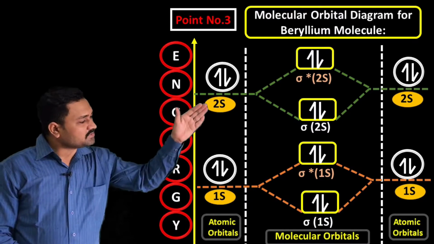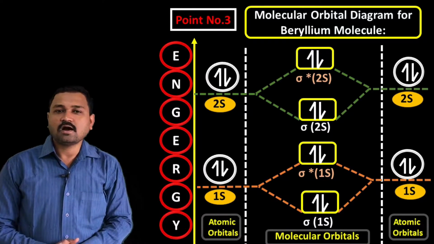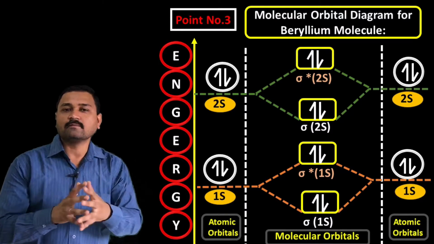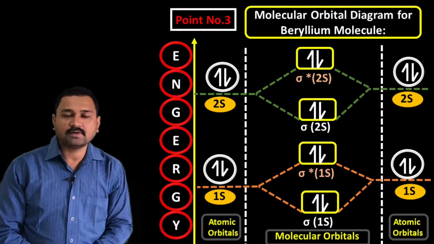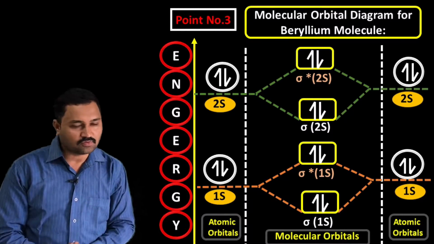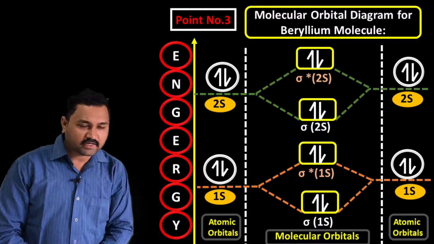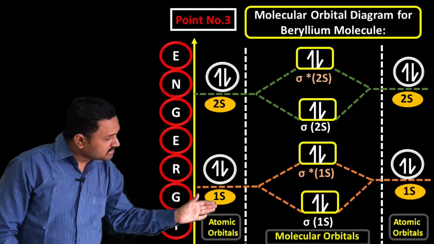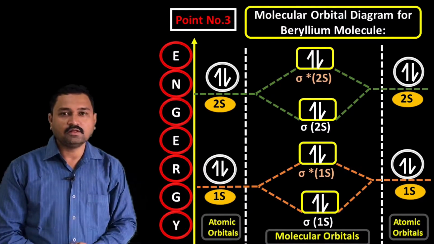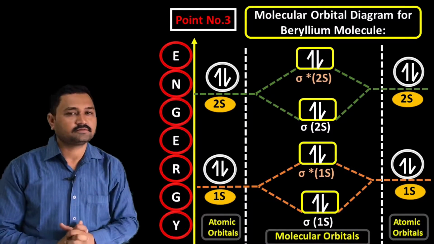So we have distributed the 8 electrons. I have shown this in animated form by following all 3 important principles, the Aufbau principle, Pauli's exclusion principle and Hund's rule. As a result, we get the molecular orbital energy level diagram for this diberyllium molecule. So this is your point number 3.